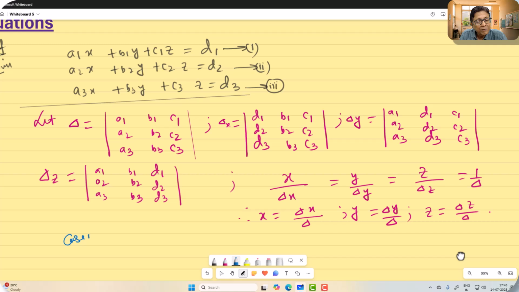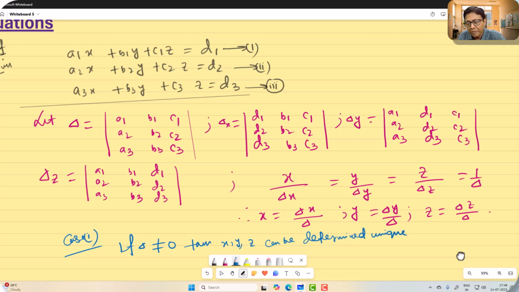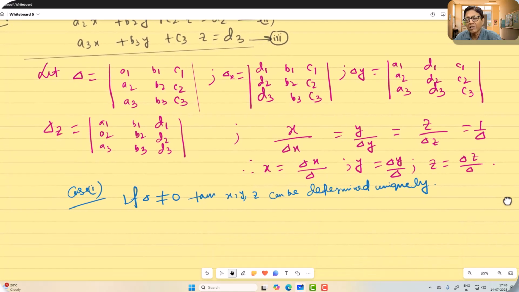Case 1, if delta not equal to 0, then x, y, z can be determined uniquely. Can be determined uniquely means a unique solution exists if delta not equal to 0.